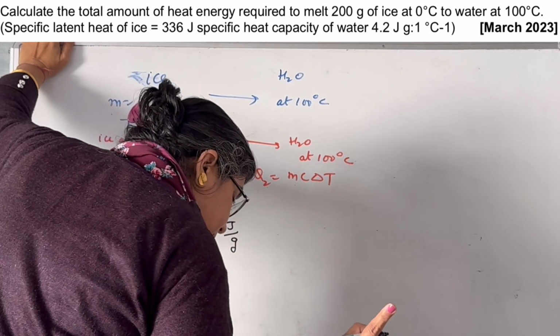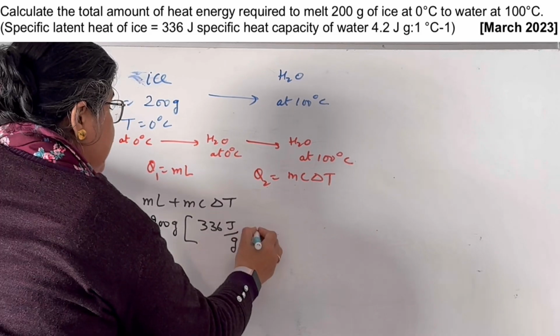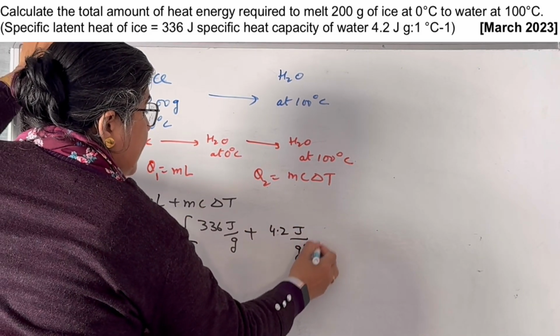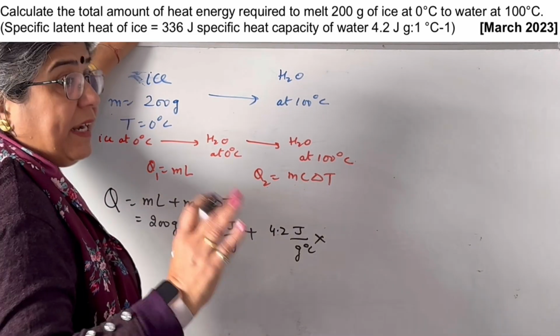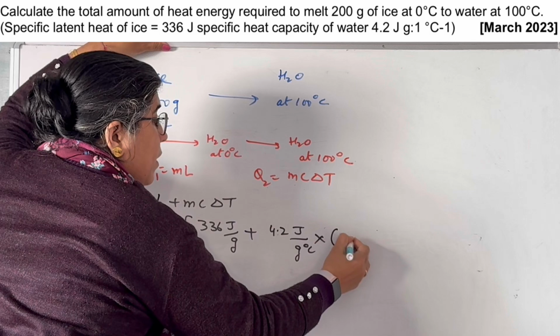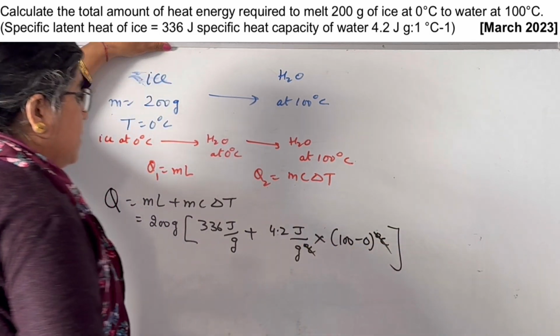Please check specific latent heat and specific heat capacity. First you will put this 4.2 joule per gram per degree centigrade into delta T. Again change in temperature, higher minus lower: 100 minus 0 degree centigrade. Degree centigrade goes.